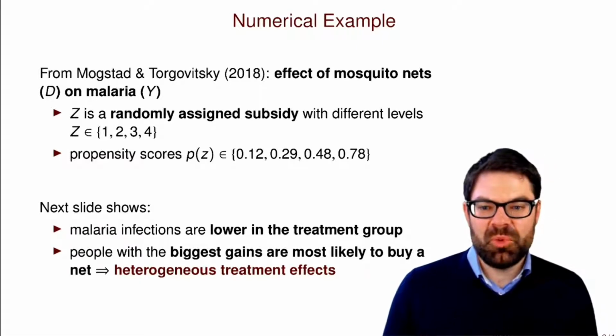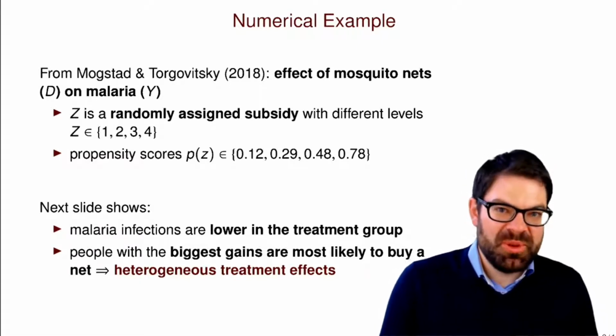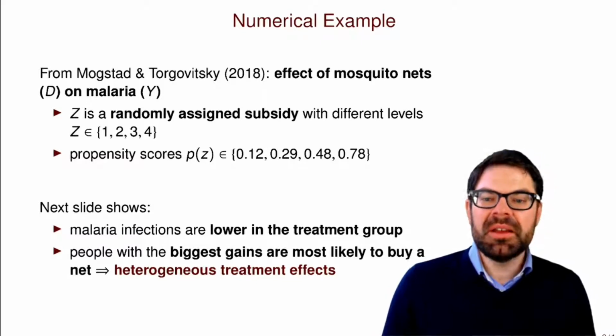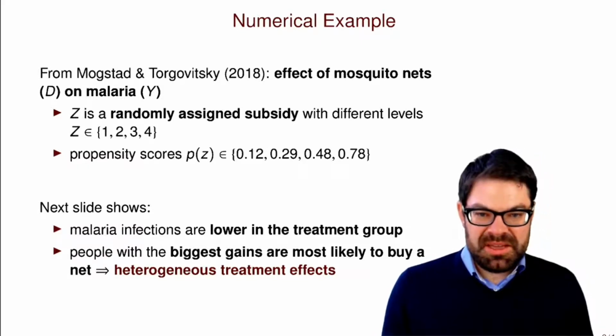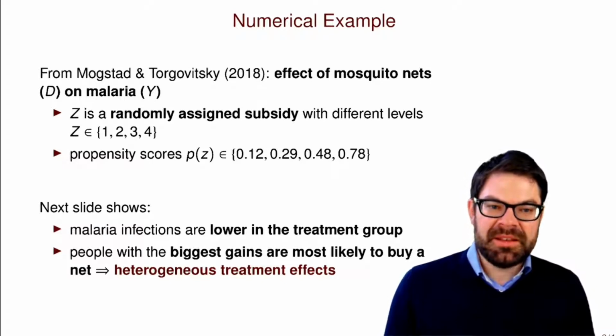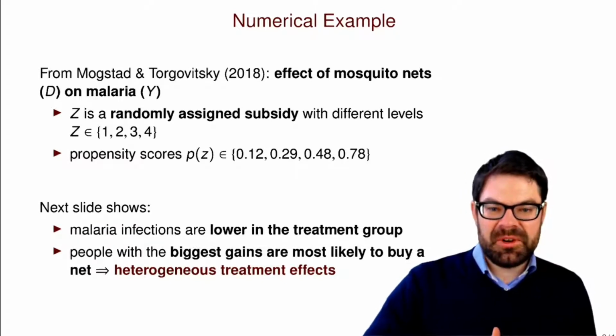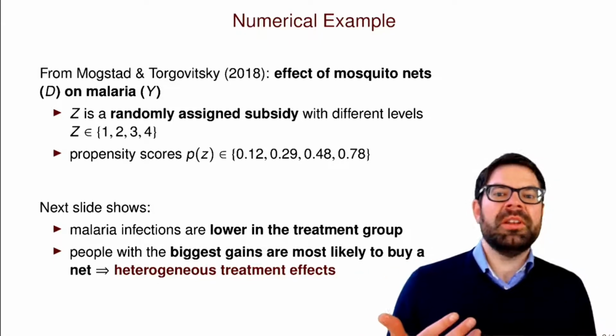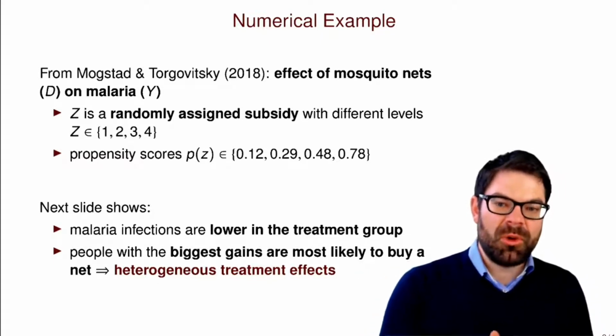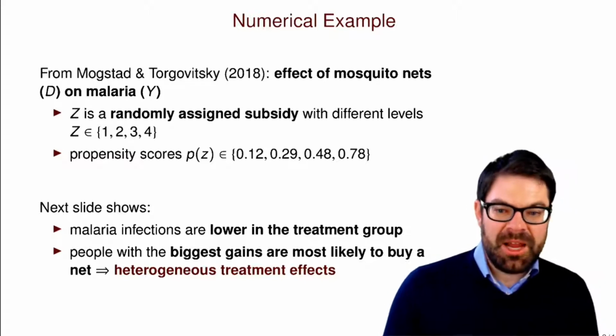It's obviously a very important question, but you can't force people to sleep under a mosquito net. So what they did instead was they randomly assigned a subsidy with different levels. So some people get a very low subsidy, that's group 1, and then it goes up to group 4, who receive a very high subsidy.